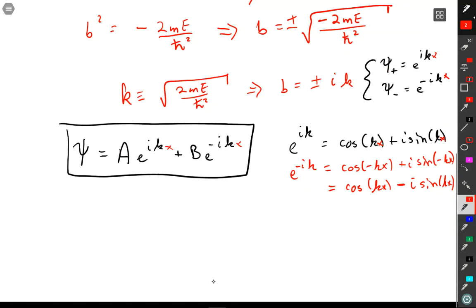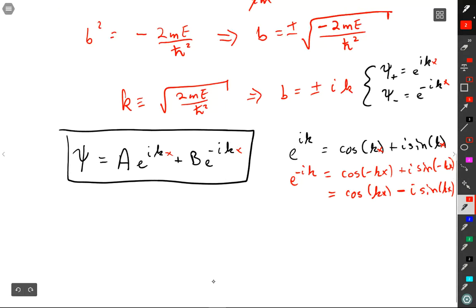So if I put those into this solution, oh wait, that was supposed to be cosine kx.